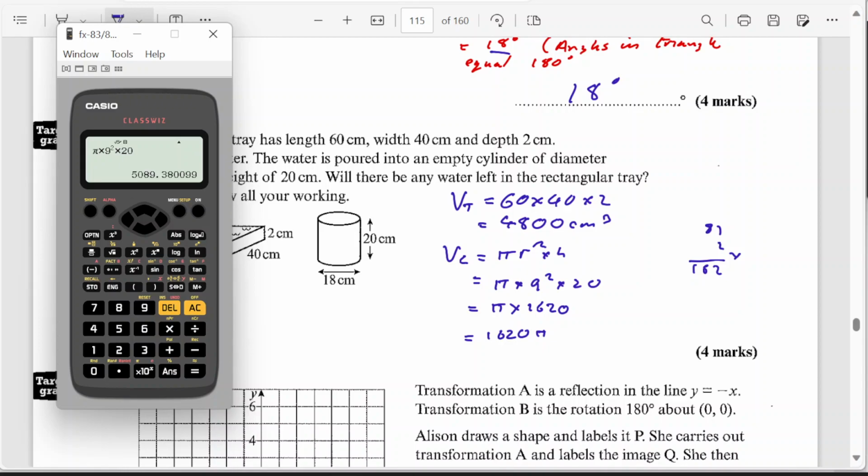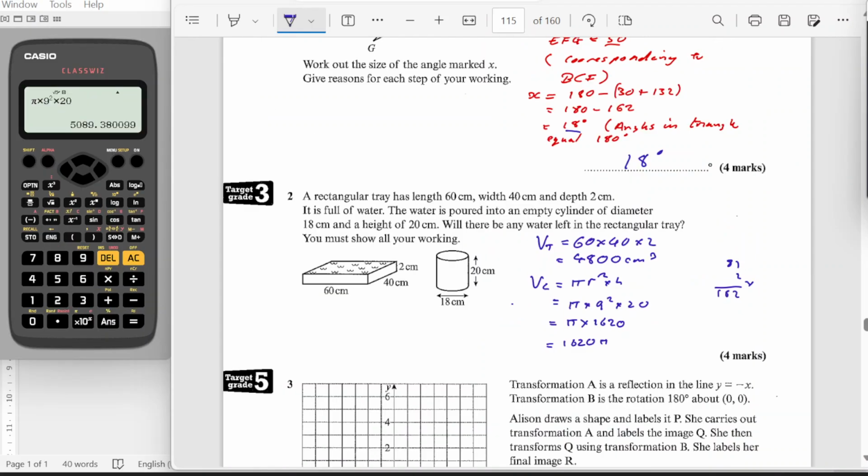Okay, so that as a decimal would be 5,089.380 dot dot dot.